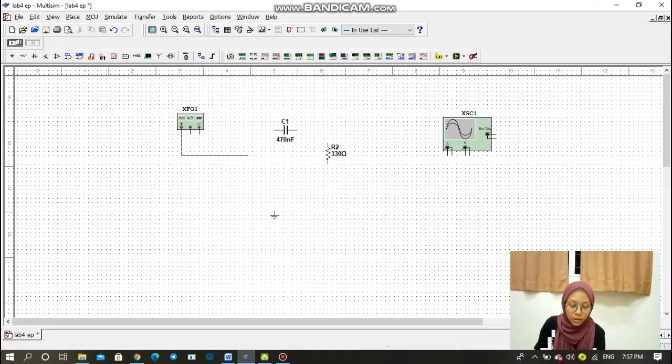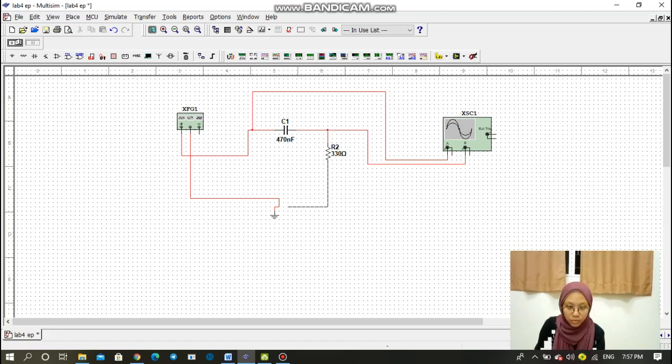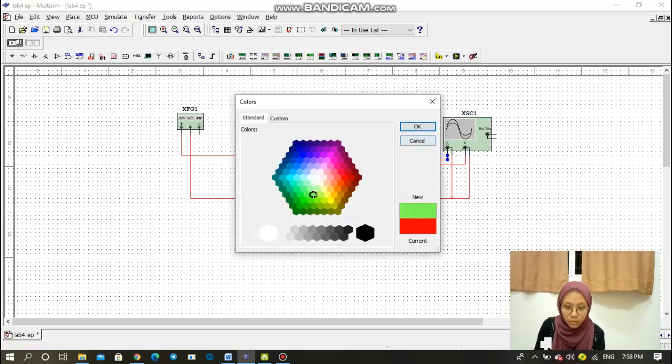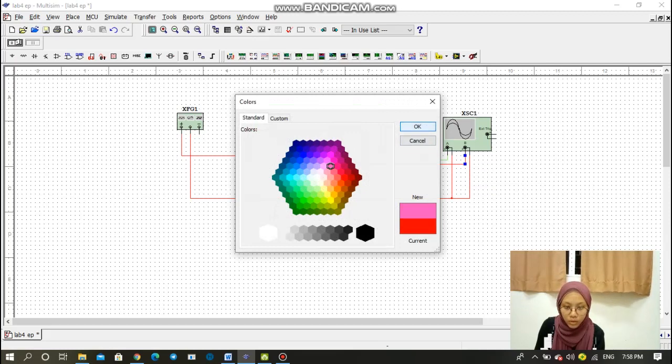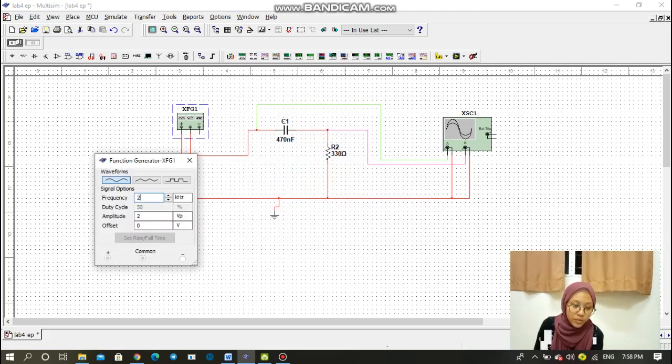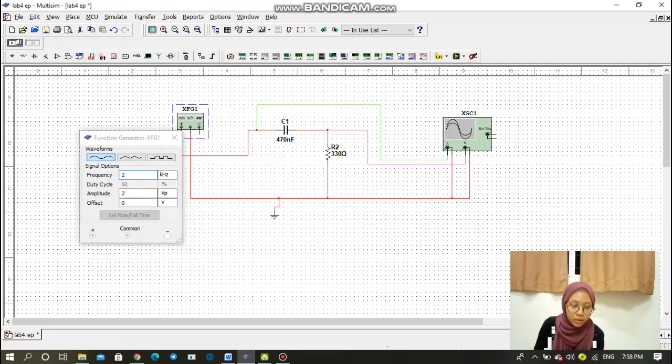So connect the circuit to the capacitor and then this to the ground and the channel A. We set the function generator frequency to 2 kHz and amplitude 2 Vp. Just turn on the switch.